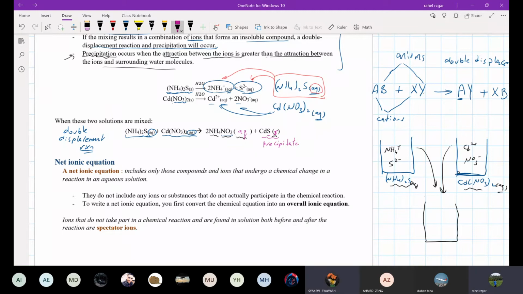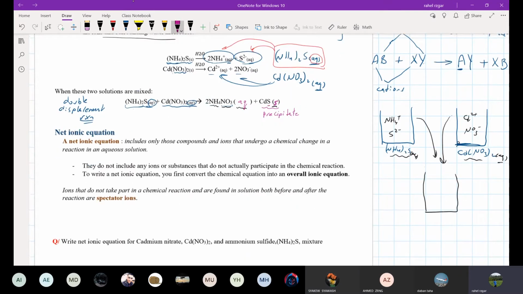This time, yes, the reaction has occurred. Why? When we mix these two solutions together, the ammonium, because it's aqueous, and the nitrate are still soluble. They are still remaining as ions.